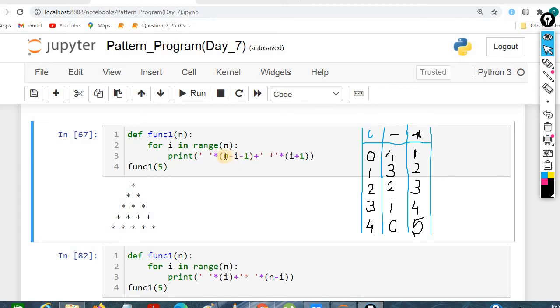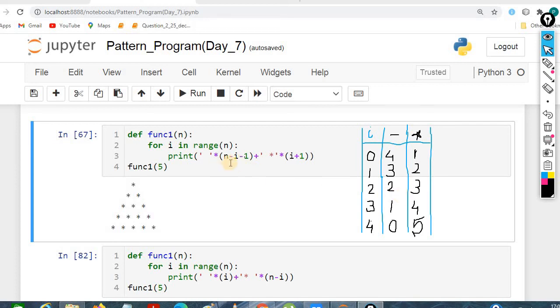For the first iteration it's n minus 0 minus 1, which is equivalent to 4. For the second iteration i is 1, so 5 minus 1 and minus 1, which is equivalent to 3. Then in the third iteration the value of i is 2, so n minus 2 minus 1, which is equivalent to 2.